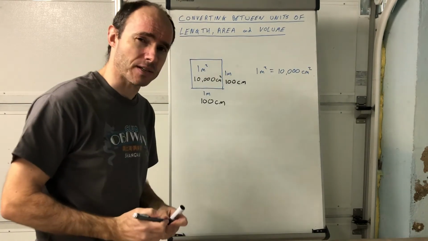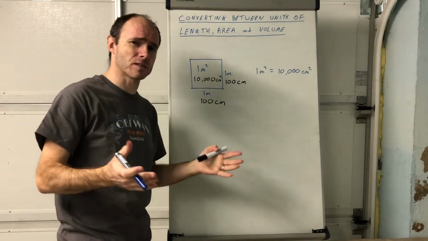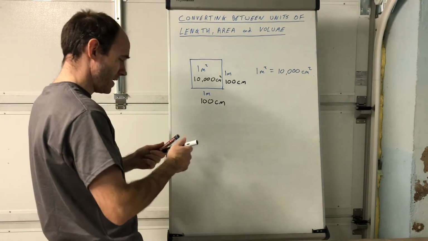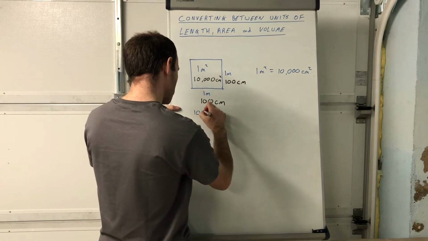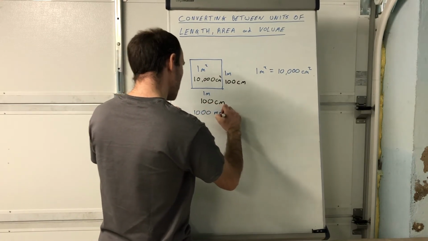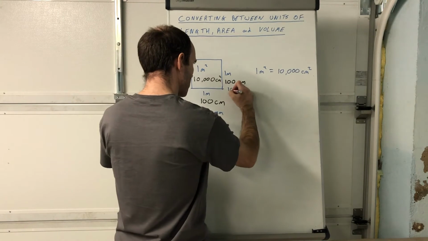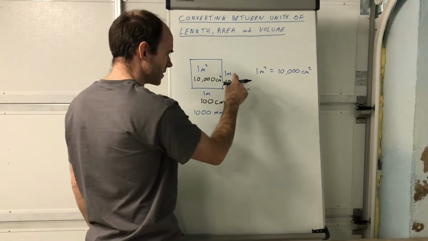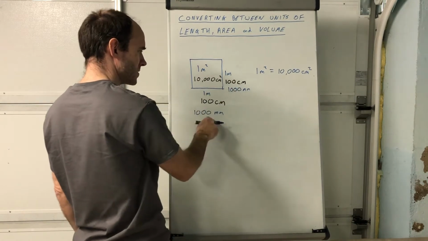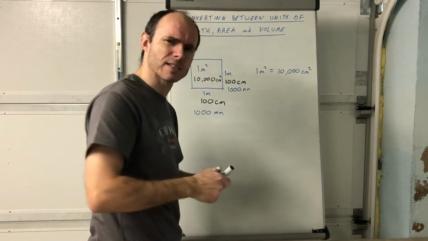That is it. What about millimetres squared? Well, you can do the same again. 1 metre is the same as 1,000 millimetres, and here again that will be 1,000 millimetres. If you work out the area, 1,000 times 1,000, it's a million this time. That's a lot, isn't it?